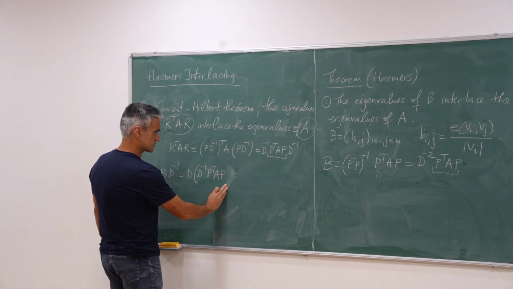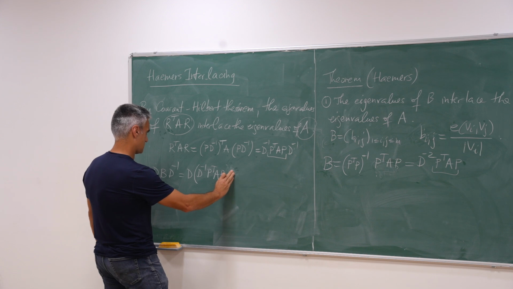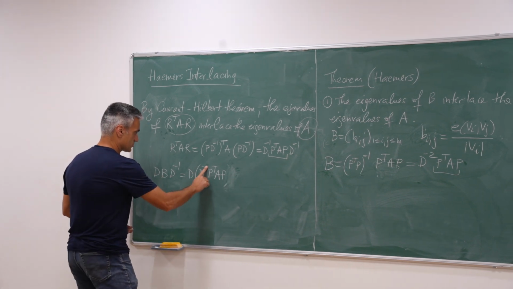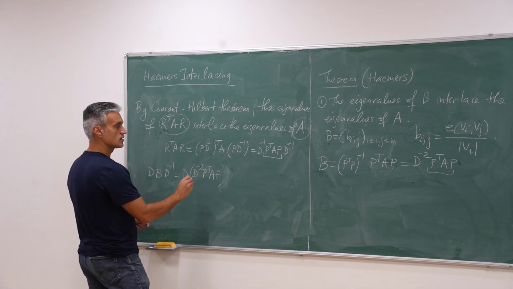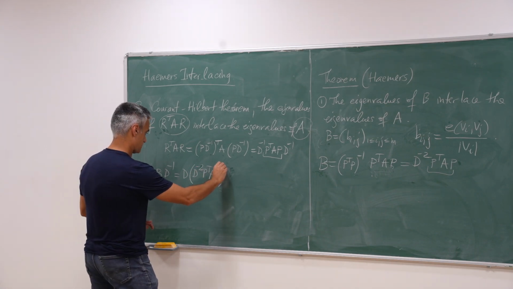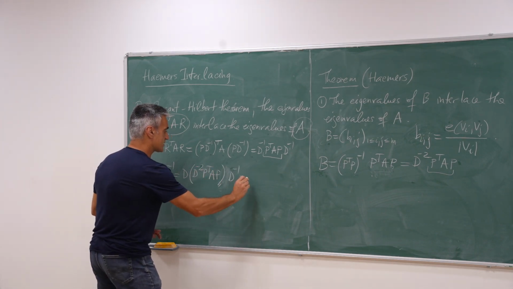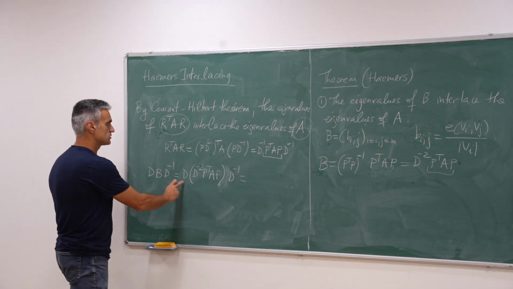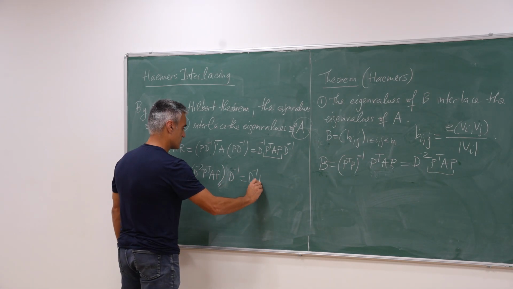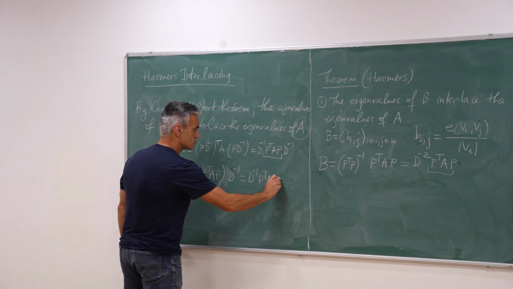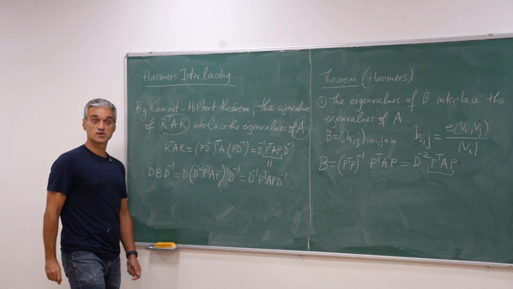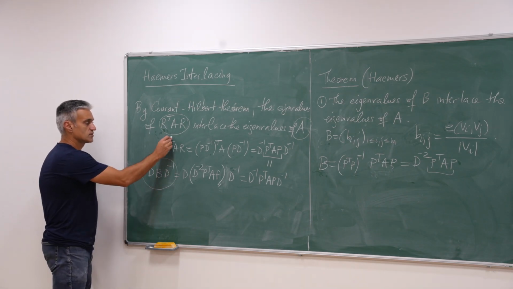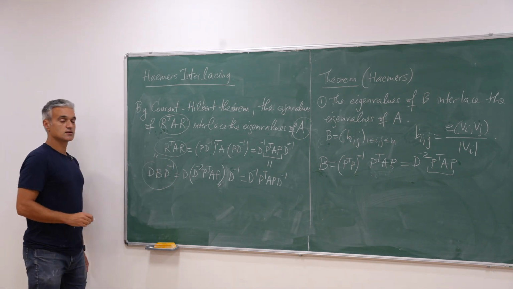So then we have the formula there, D minus 2 P transpose AP, with a D minus 1 on this side. That is D minus 1 P transpose AP D minus 1, which is exactly this one. So DBD minus 1 equals R transpose AR.